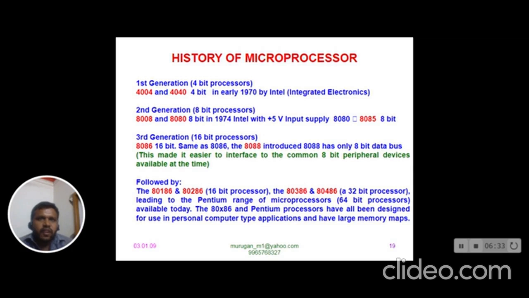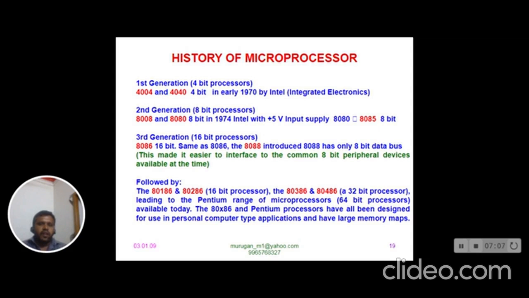The 80186 and 286 come under the 16-bit processors, and the 80386 and 486 come under the 32-bit processors. Apart from this, we have the Pentium processor, which is a 64-bit processor available in our computers. The Pentium processors are not manufactured only for computers, they are also manufactured for specific applications.